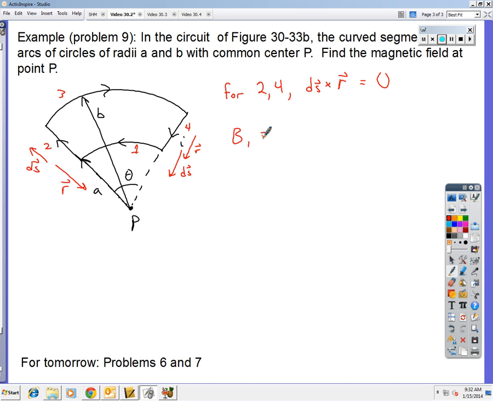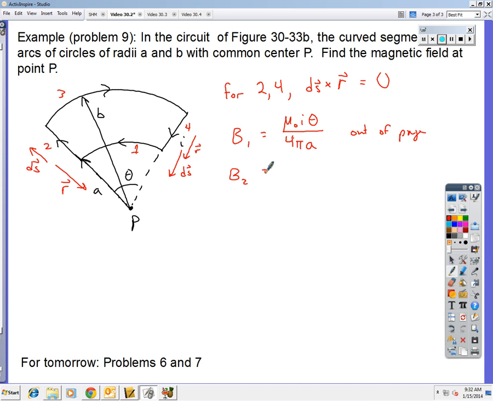Now the field of arc 1 has a magnitude of mu naught I theta over 4 pi times A, and its direction, if we curl our fingers counterclockwise, which is the direction of the current in arc 1, is out of the page.